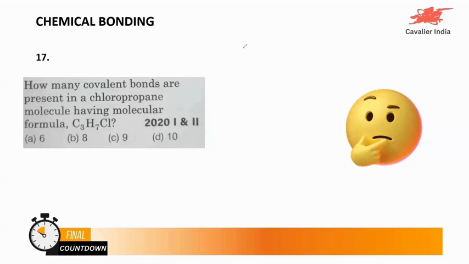C3 means carbon 3, H7, Cl. What is the total number of covalent bonds in this particular compound? Just tell the answer.